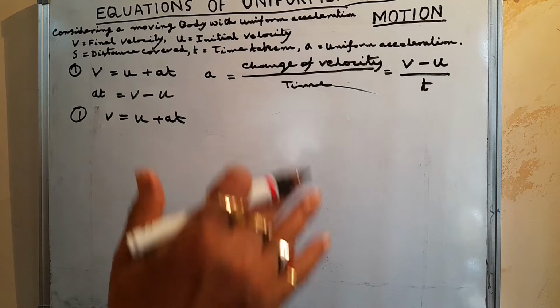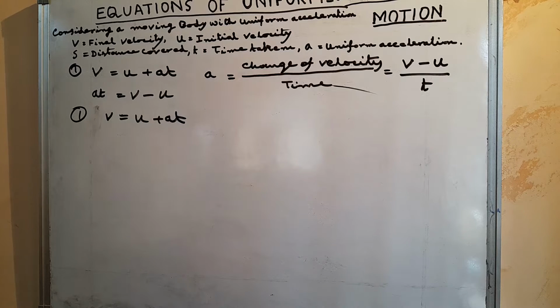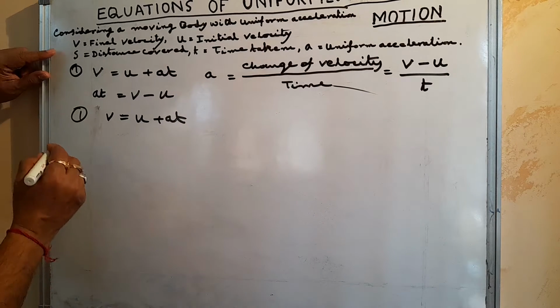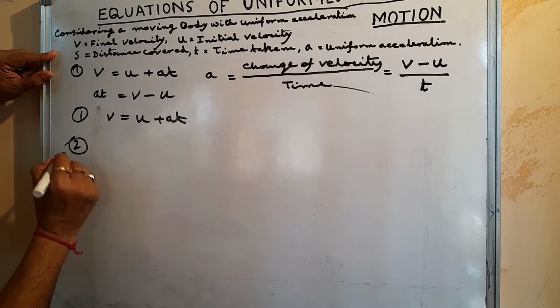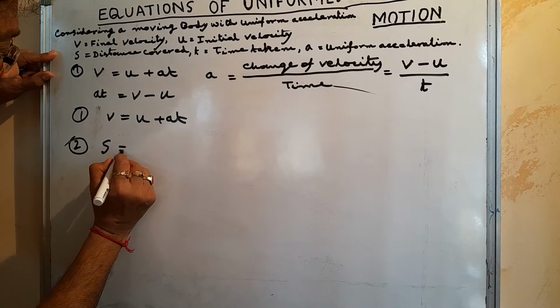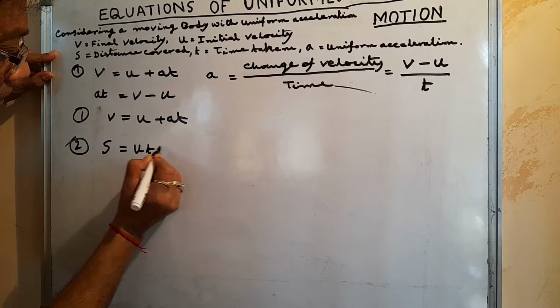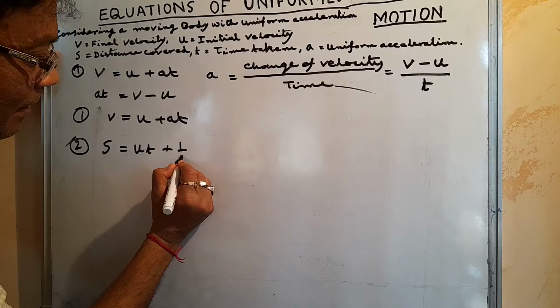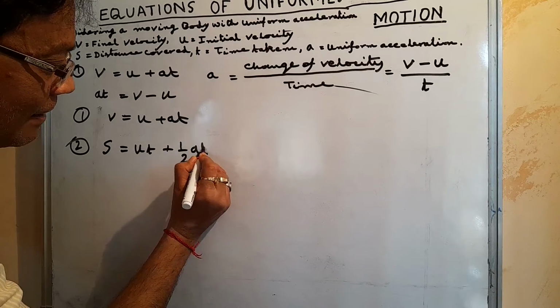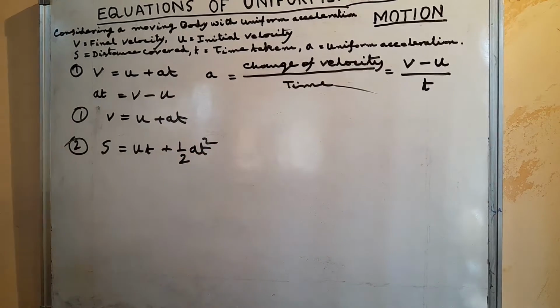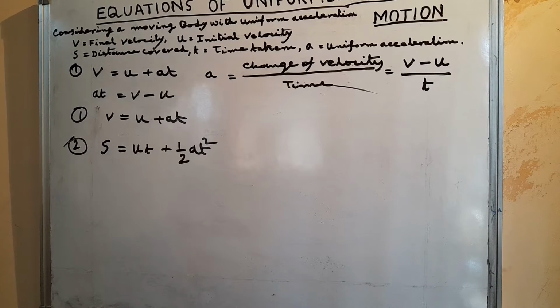Now what is the second equation of motion? Next we'll derive the second equation of motion, s equal to ut plus half a t square.